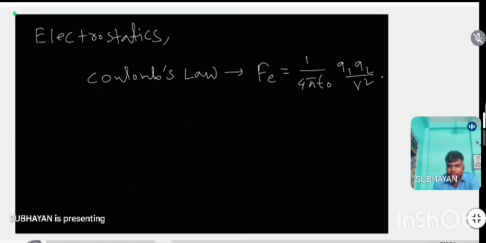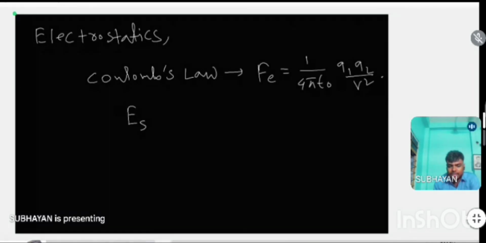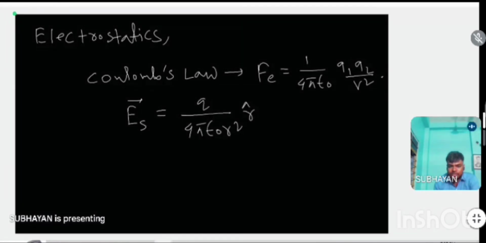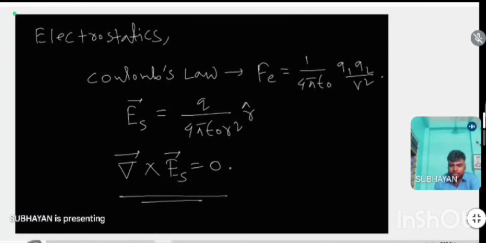And the corresponding electric field, or electrostatic field, of a point charge due to Q is Es equal to Q by 4 pi epsilon naught R square, R cap. This is the electrostatic field, which is a conservative field because curl of Es is equal to 0.